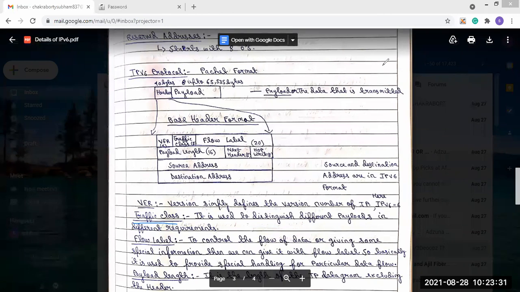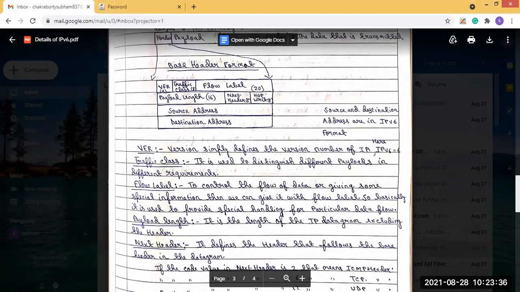Then next is the payload length. What is the payload length? It is the length of the IP datagram excluding the header.